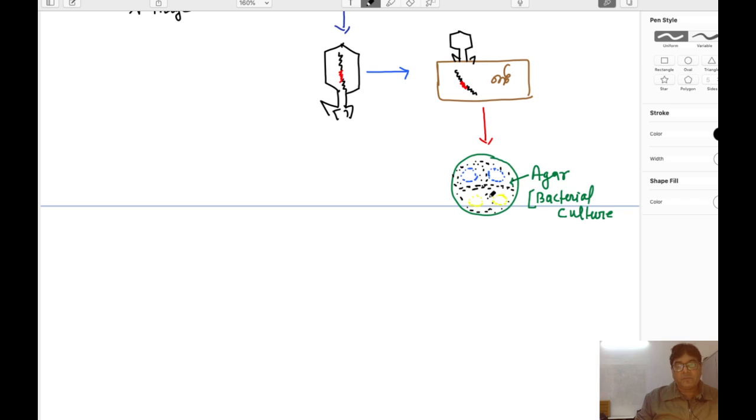Alright. So we say that the blue colored plaques are there, and the white colored plaques are there. So by analyzing the color difference, we can find out the recombinant phages and the non-recombinant phages. So this is blue. We can say that this is a normal phage. It has the colony of the normal phages.